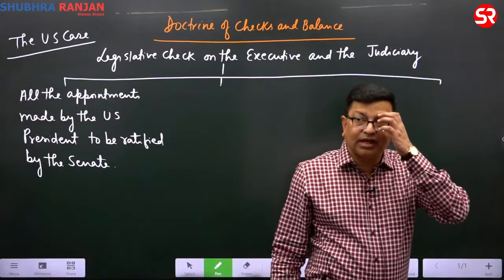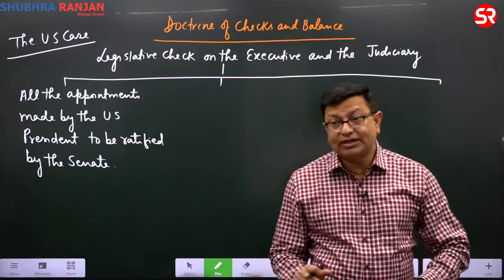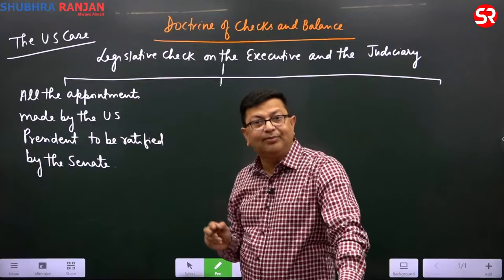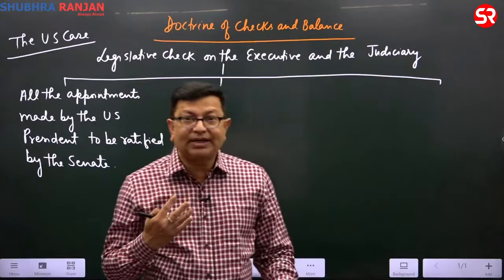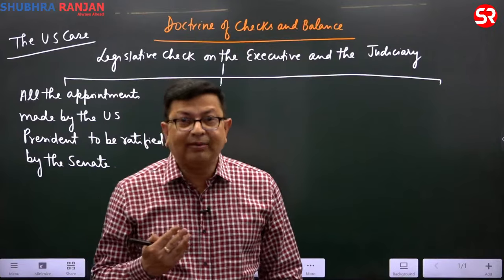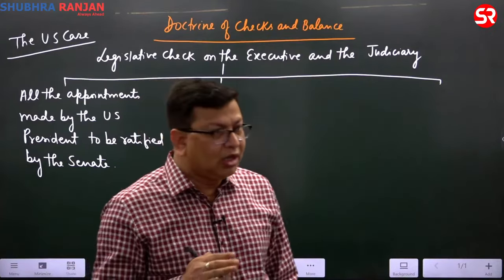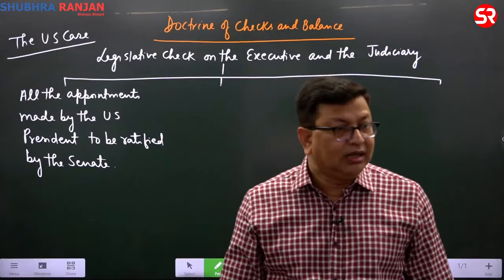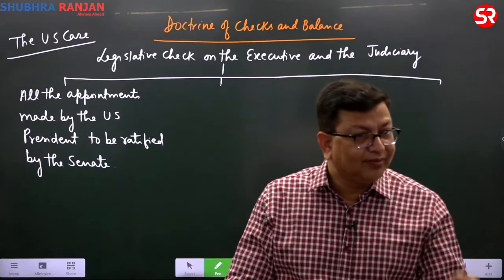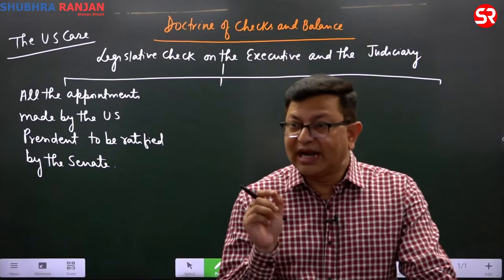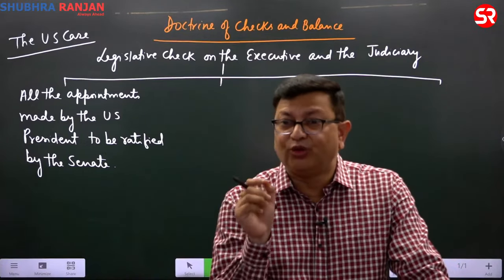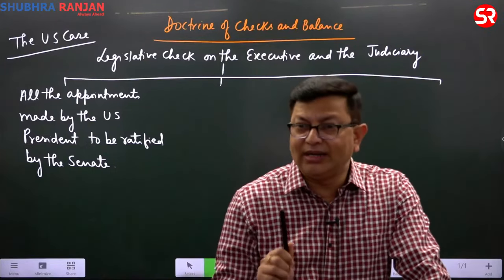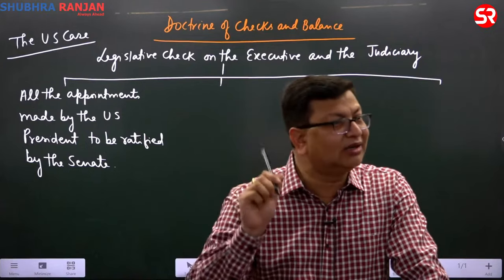Senate is the upper house of US Congress. So, all the appointments, for example, if the US President appoints an ambassador to any country, so after the name is finalized by the US President, then he will refer it to the Senate. The Senate will ratify the name. Ratify means approve. Approve the name, and then only the person will be appointed as an ambassador to that country.